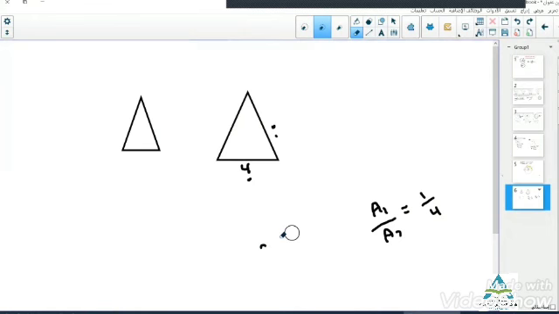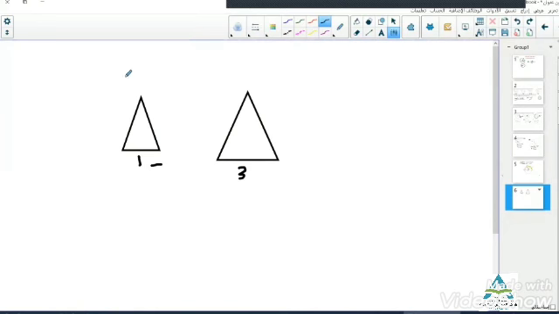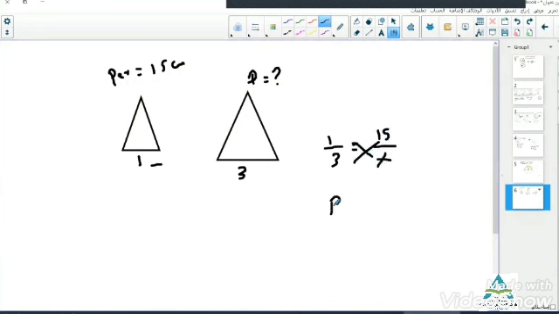If I told you the ratio between these two triangles is 1/3, and the perimeter of the small one is 15 centimeters, and I need to find the perimeter of the second one. 1/3 equals 15/x. Do cross multiplication. So 15 multiplied by 3/1 is going to be 45. You get the idea?